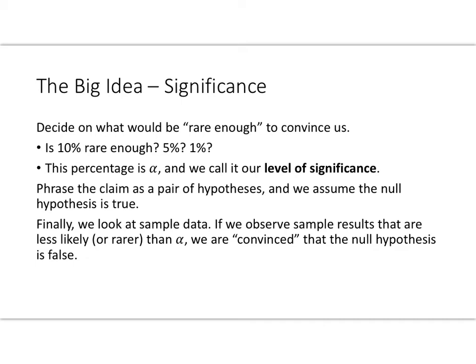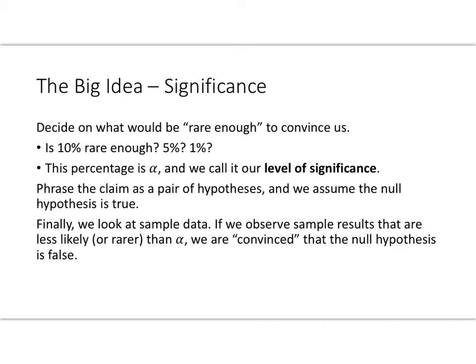I just want to remind you, when you're looking here at significance, hypothesis tests are also called tests of significance. So the big idea of significance: decide on what would be rare enough to convince us. Is 10% rare enough? 5%? 1%? This percentage is going to be our alpha, or our level of significance.